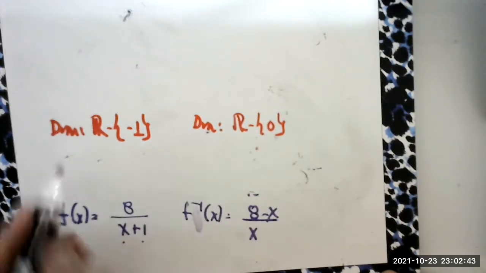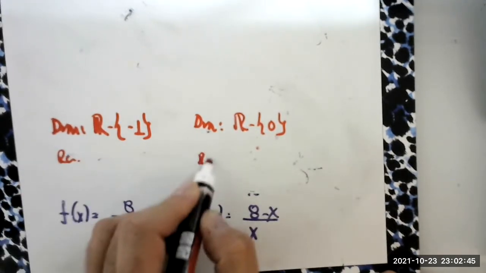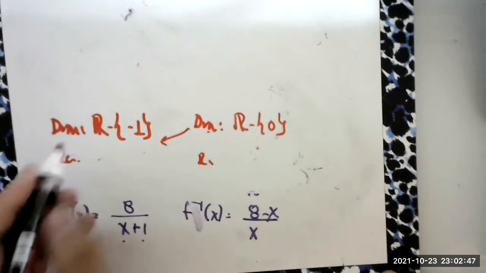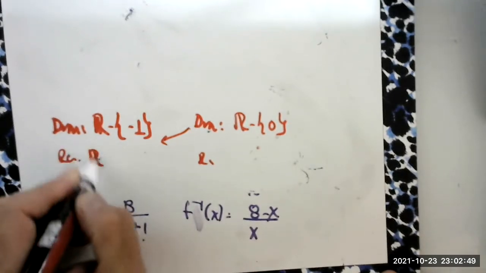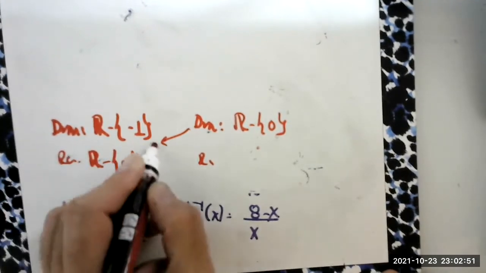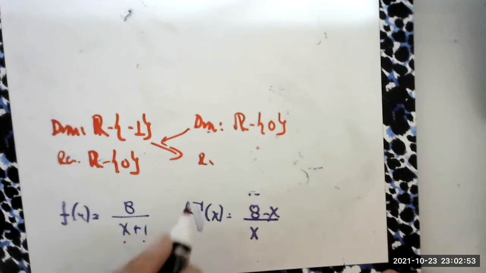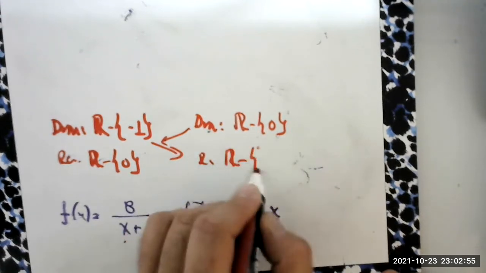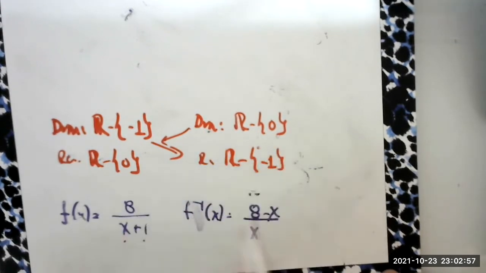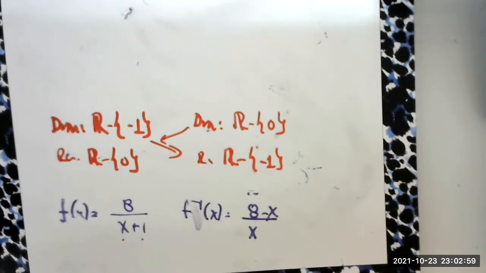Since I know the domain of both, of course, I know the range. The range of the original will be all real numbers except 0, and the range of the inverse will be all real numbers except -1. Domain and range for both.